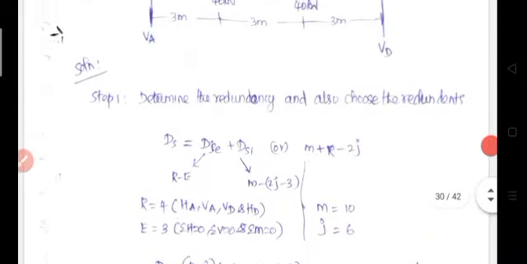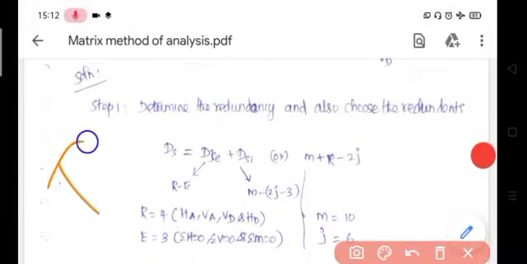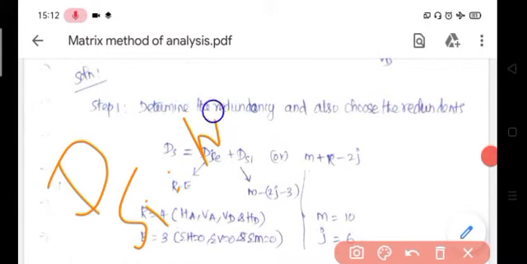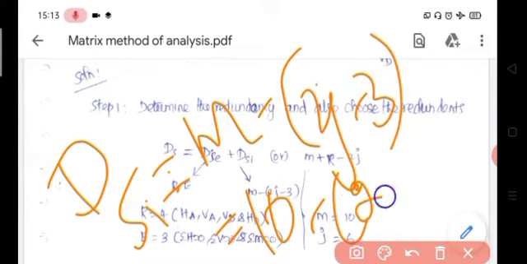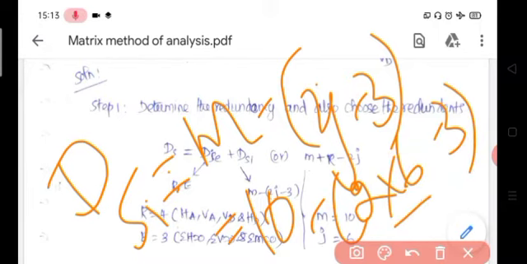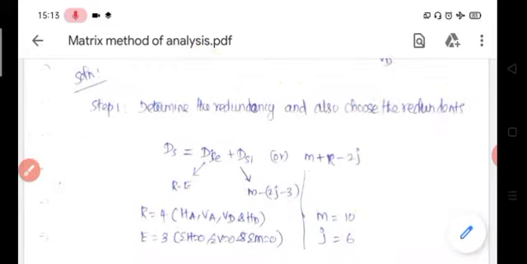So the internal indeterminacy DSI is equal to m minus (2j minus 3). Number of members 10 minus (2 into 6 minus 3). 2 sixes are 12, minus 3 is 9, 10 minus 9 is 1. So the internal indeterminacy of the structure is equal to 1.